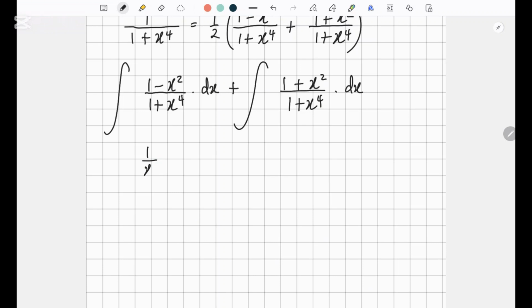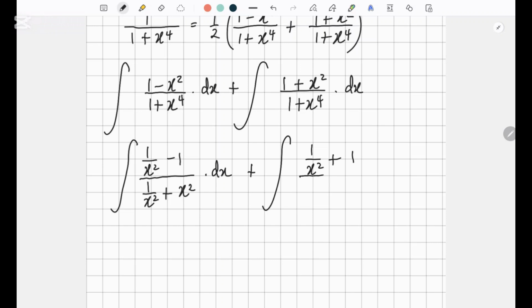So I'm going to write (1 over x squared minus 1) over (1 over x squared plus x squared) dx, and I'm going to write (1 over x squared plus 1) over (1 over x squared plus x squared) dx.